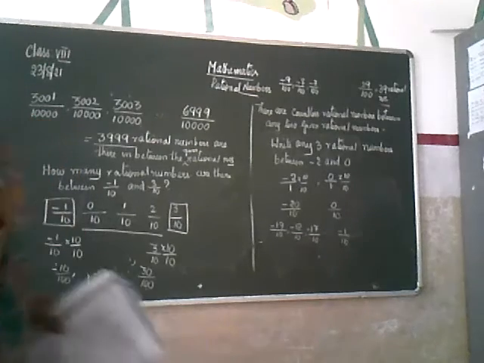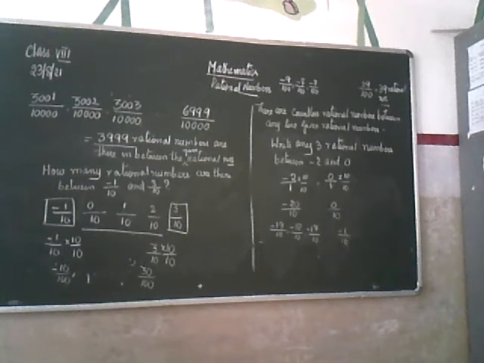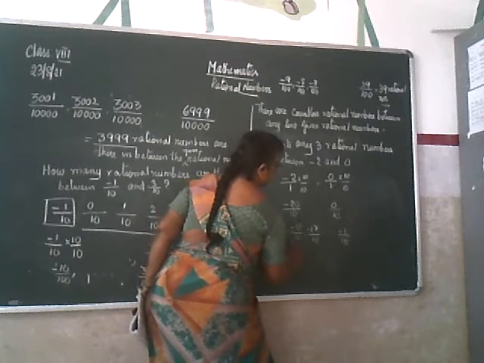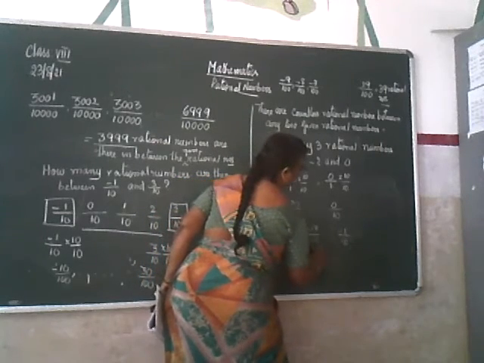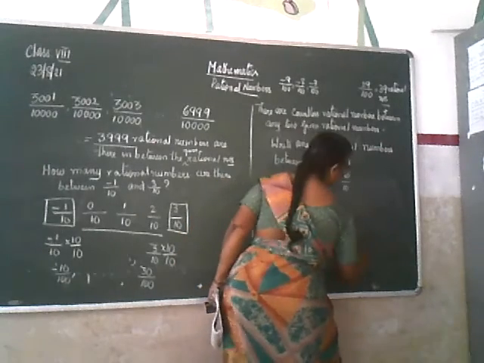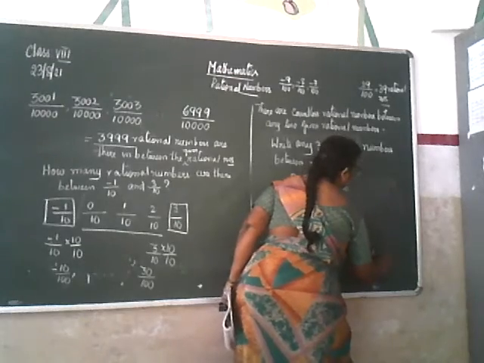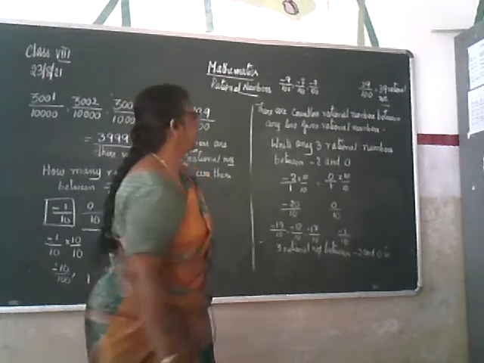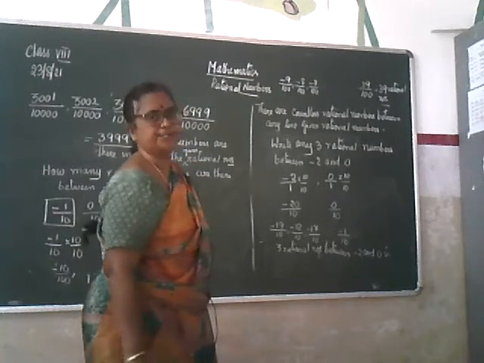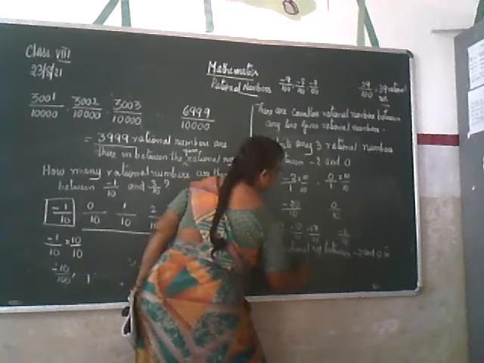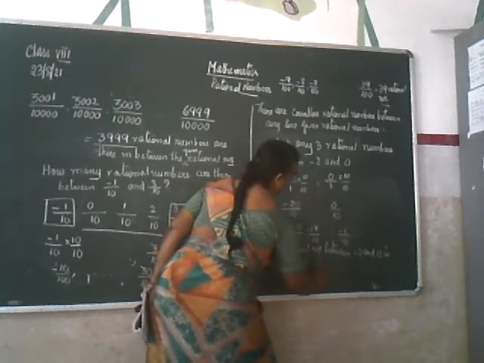Whereas here he is asking, write any three rational numbers. So you can write any three in this. Therefore, three rational numbers between minus 2 and 0, I can write minus 19 by 10, minus 18 by 10, minus 17 by 10.